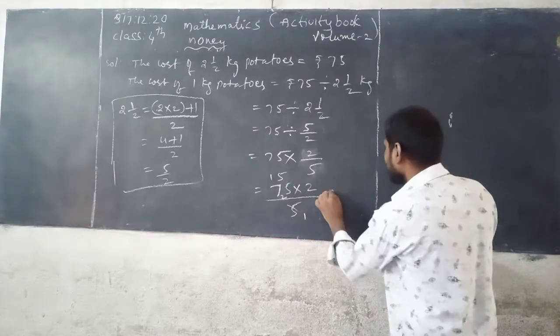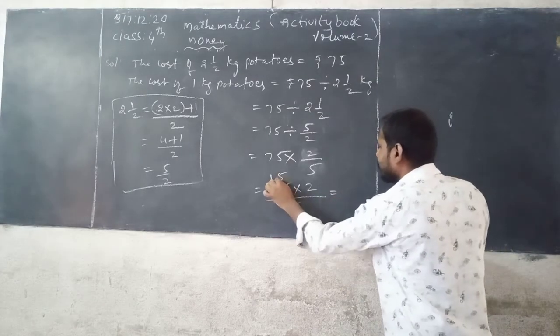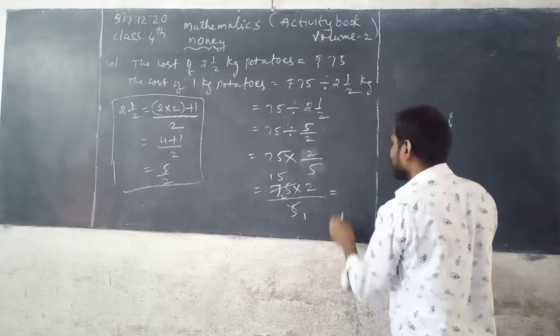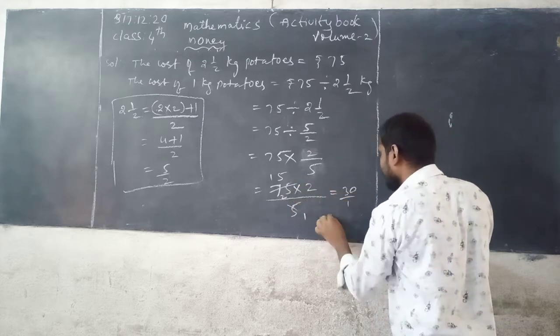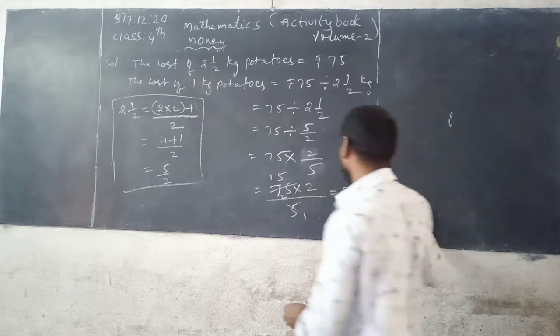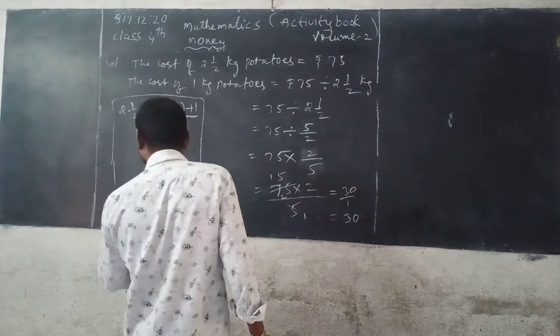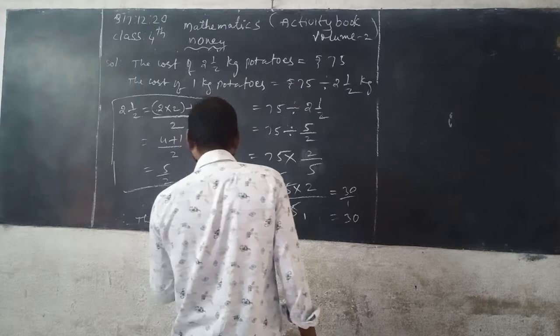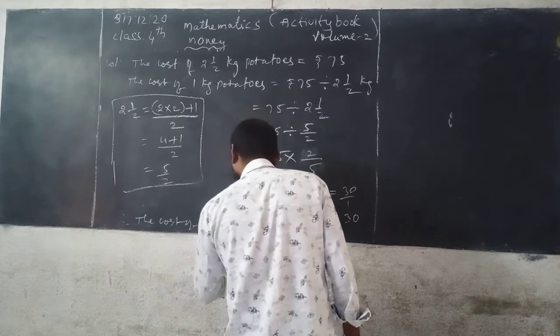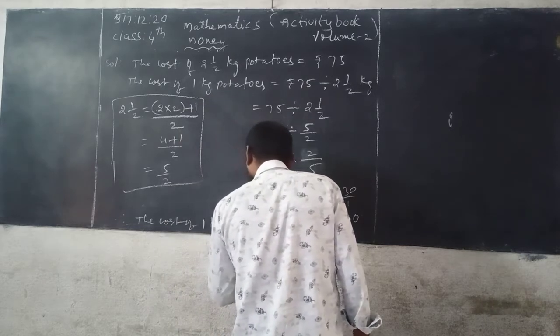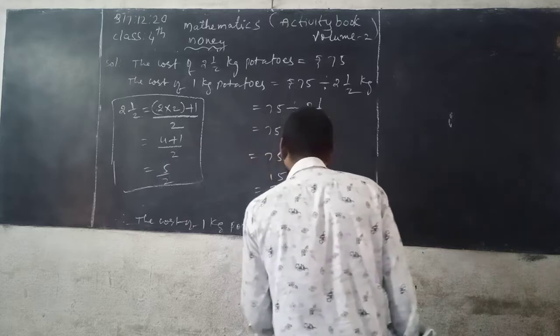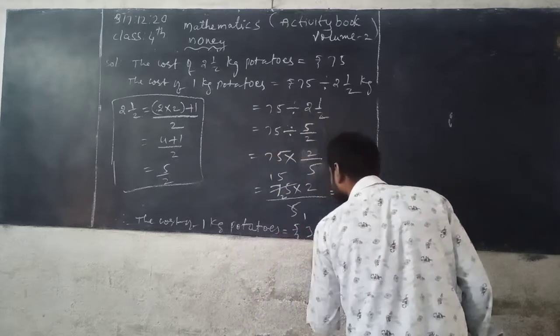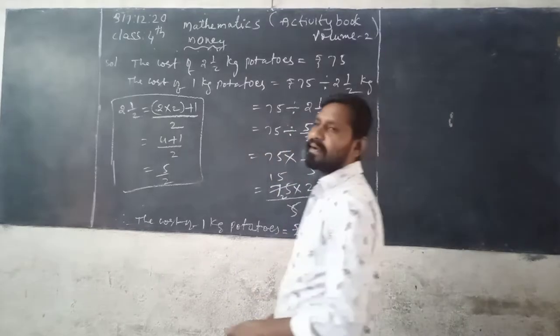So that is equal to 15 into 2, which is 30. 30 by 1 you can get 30 later. Therefore the cost of 1 kg potatoes is equal to 30 rupees. Did you understand everybody?